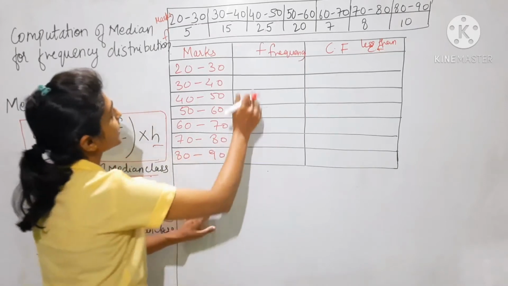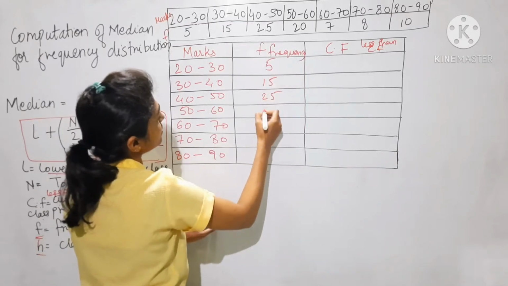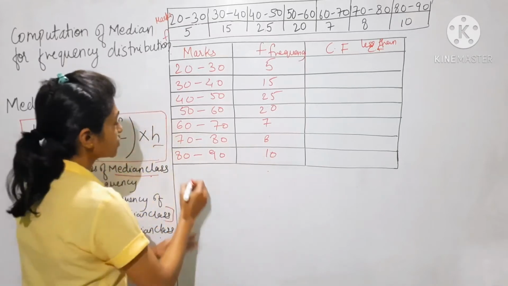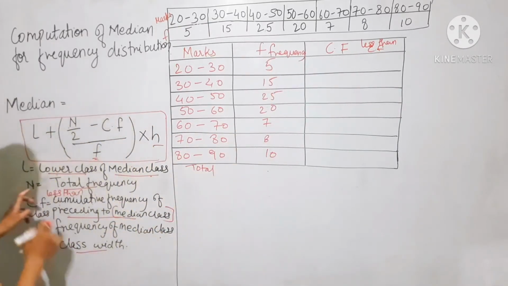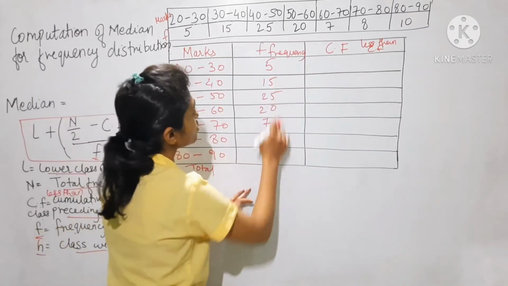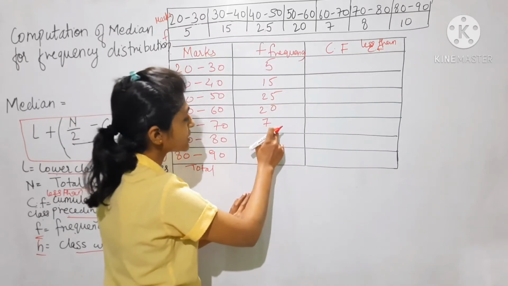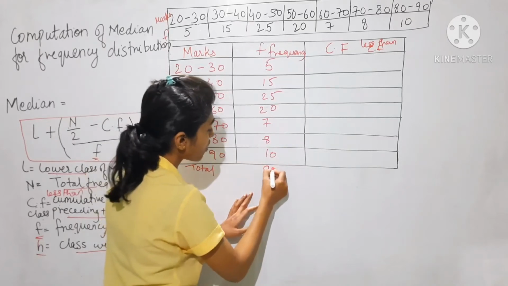Okay, now next note down all the frequencies. Now write the total here. Make the total. See, frequency, n is what? N is the total of frequency. So 5 plus 15 plus 25 plus 20 plus 7 plus 8 plus 10. You get the total of 90.